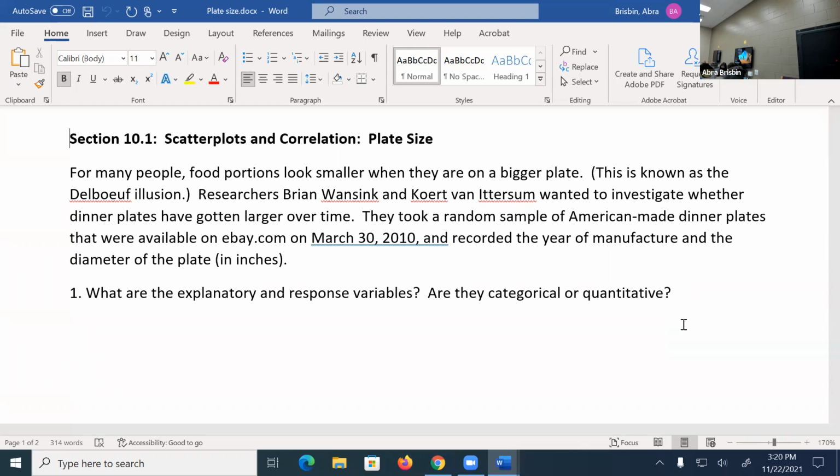Maybe moderate. Yeah, it's definitely moderate. Weak would be like if it was so spread out that there were more points on the bottom, that don't follow the trend.